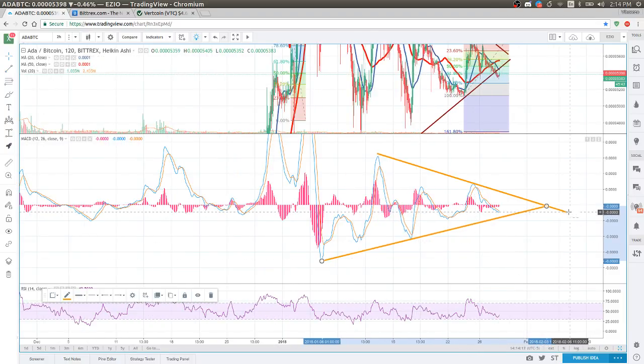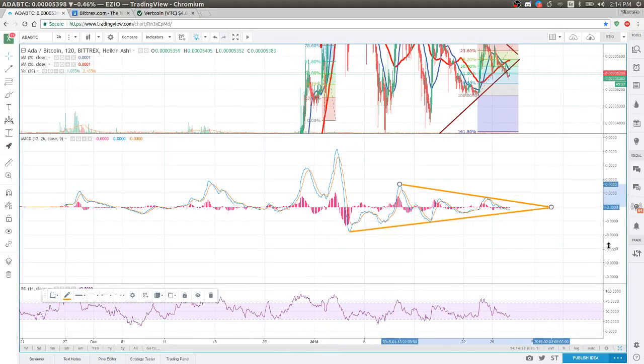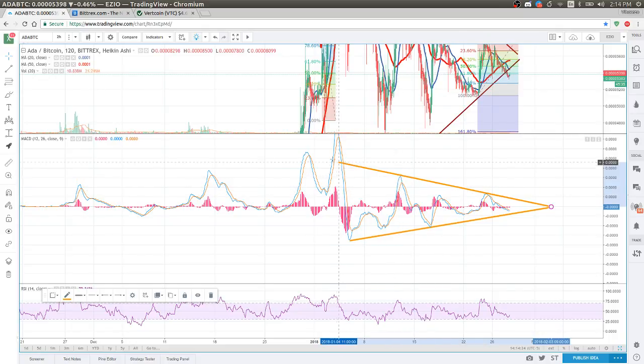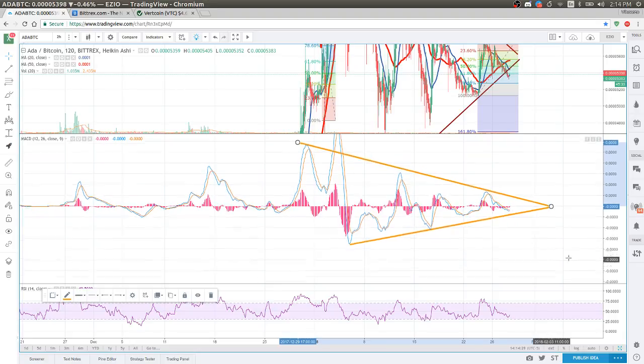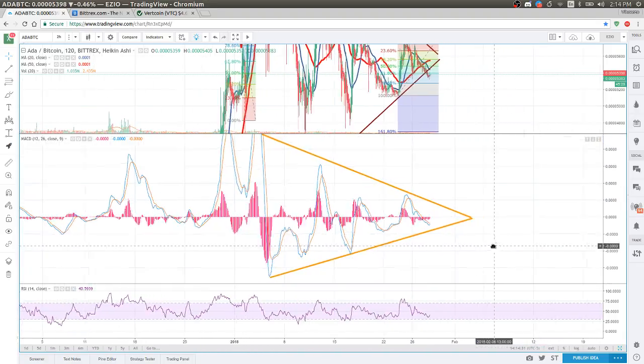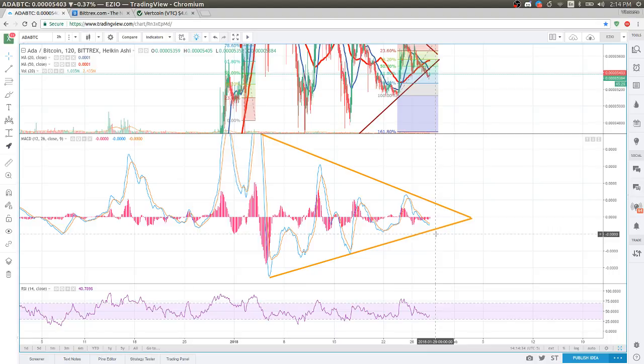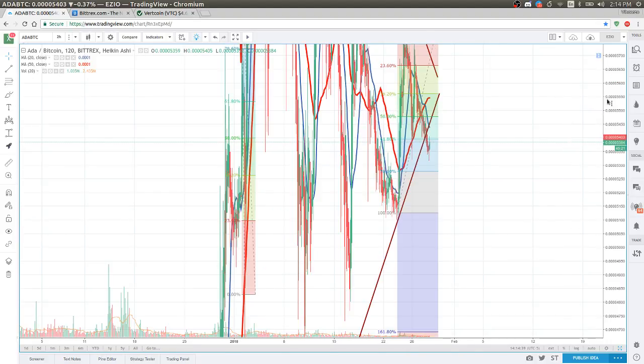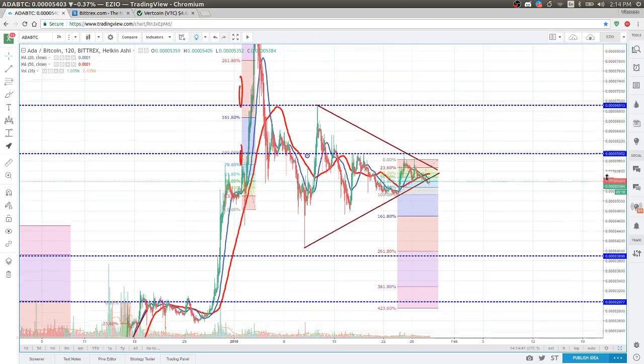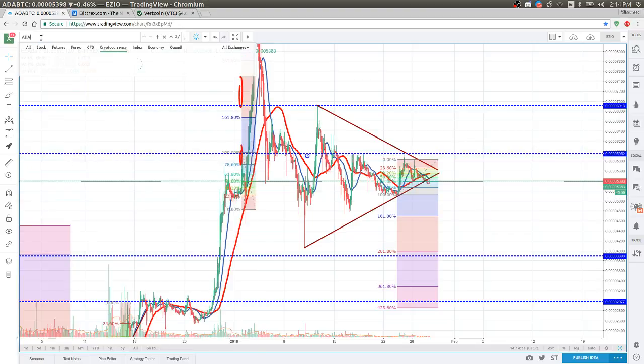You can use tools even in the indicator, right, to have a better understanding of what's going on. So if MACD crosses this line too, probably we're screwed, huh? And you know, this is a symmetrical triangle, right? We know a symmetrical triangle can break either up or down, and we have seen a perfect example on ADX.